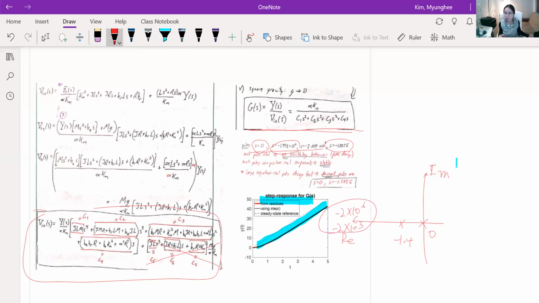So it means that these poles are really fast, and we can almost ignore them. So this system will behave like a second order system. And because there's only one pole at 0, this system will be stable.